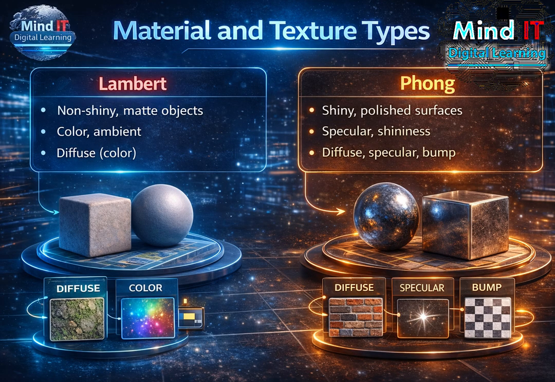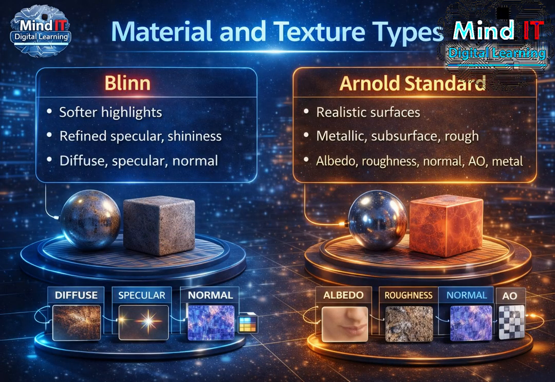Specular, shininess. Diffuse, specular, bump. Blinn: softer highlights. Refined specular, shininess. Diffuse, specular, normal. Arnold Standard: realistic surfaces. Metallic, subsurface, roughness.